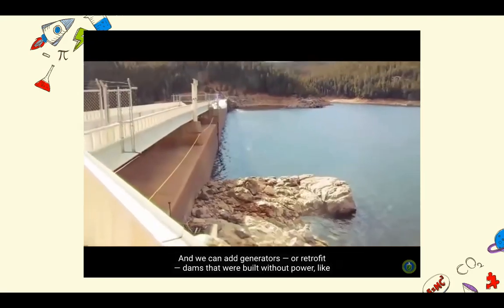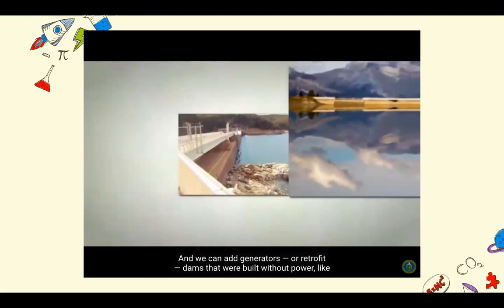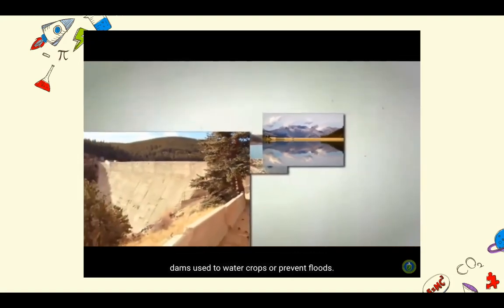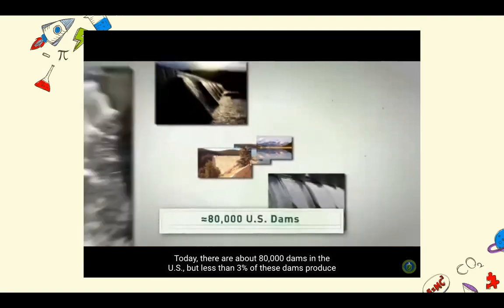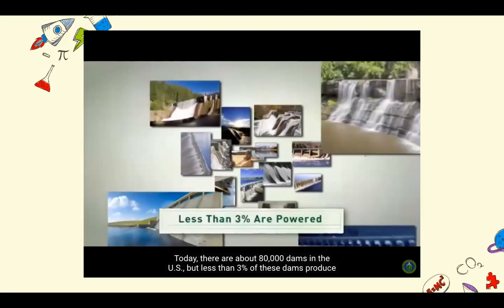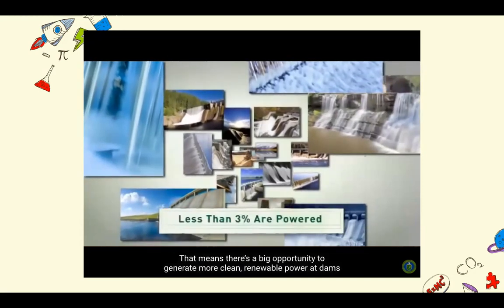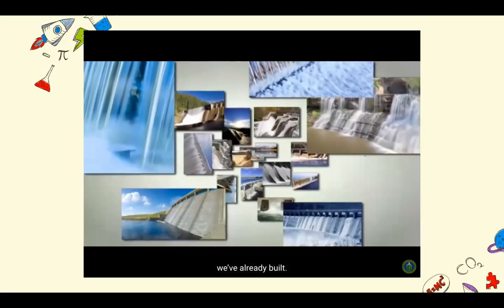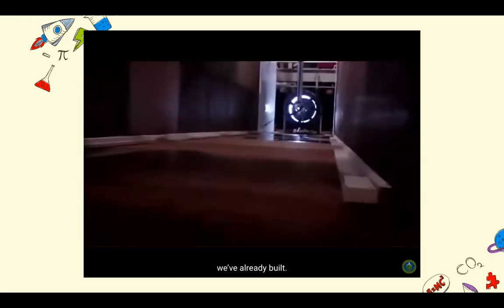And we can add generators or retrofit dams that were built without power, like dams used to water crops or prevent floods. Today, there are about 80,000 dams in the US, but less than 3% of these dams produce power. That means there's a big opportunity to generate more clean, renewable power at dams we've already built.